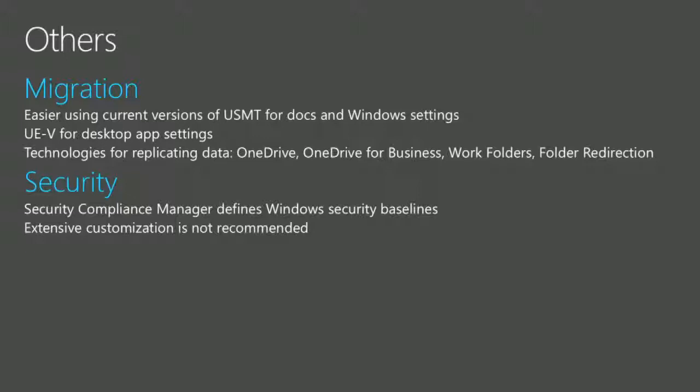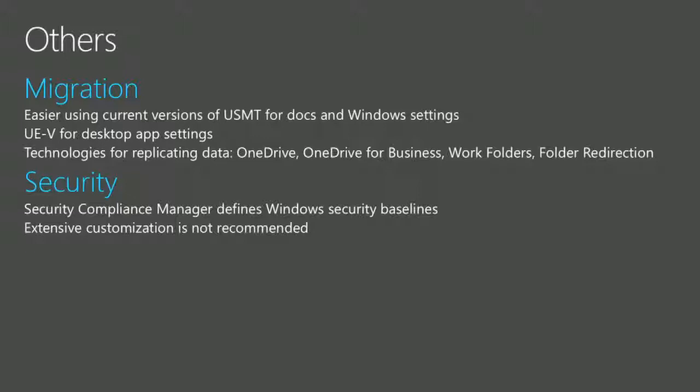For data then, we've got all of these data synchronization tools, all of these cloud storage options, using OneDrive for Business, all of those third-party products that do the same thing. That's what most of us are probably using today already, especially if you've got 5 to 10 machines, because you want your docs to be available on all the machines that you use.